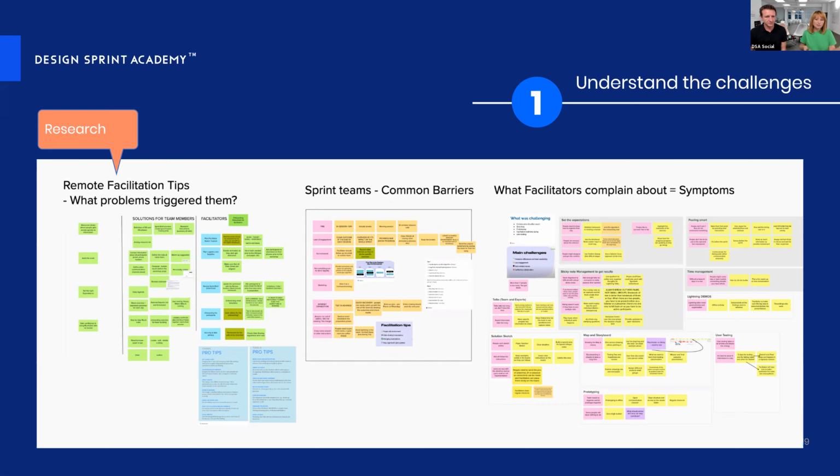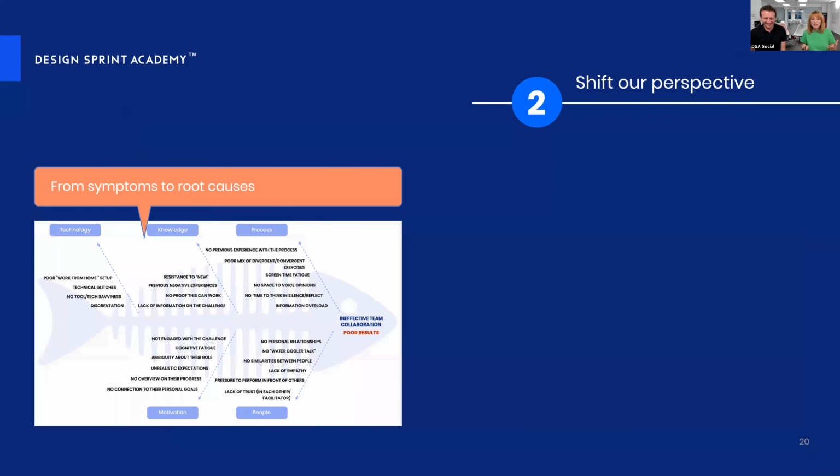So we had pills and symptoms, which were not enough for us, because it's very important to shift our perspective, and we are really big fans of root causes of the problems. So we used all kinds of tools and methods like the fishbone analysis and also the bow tie risk assessment analysis to dive a little bit deeper and see what actually caused that symptom.